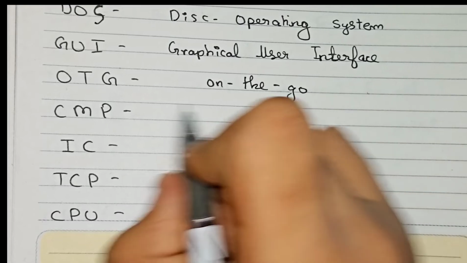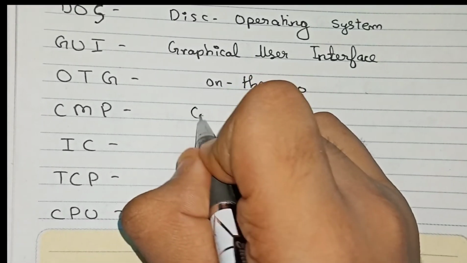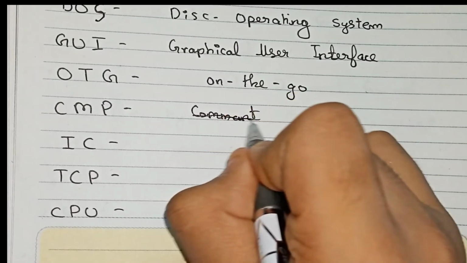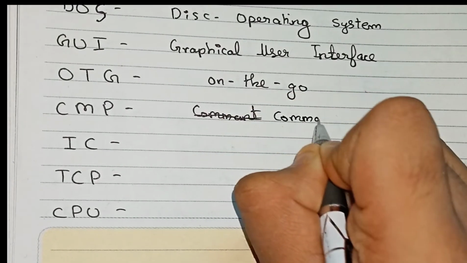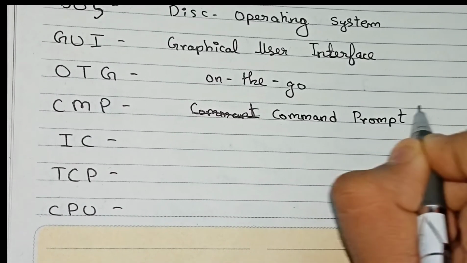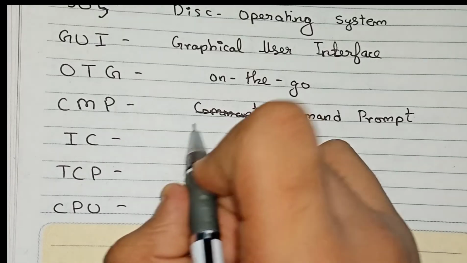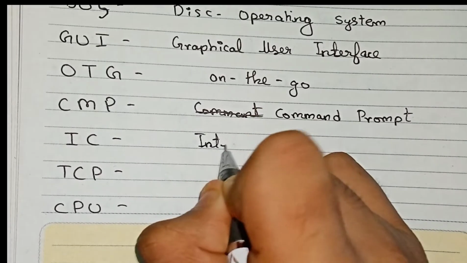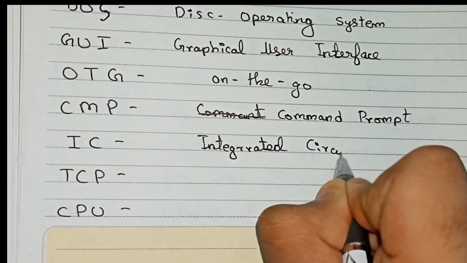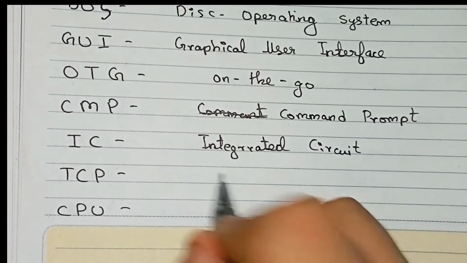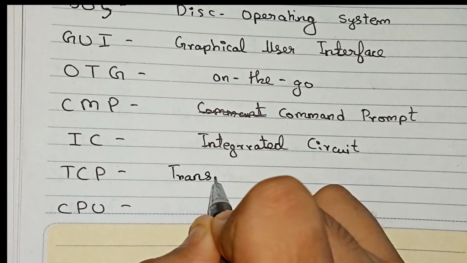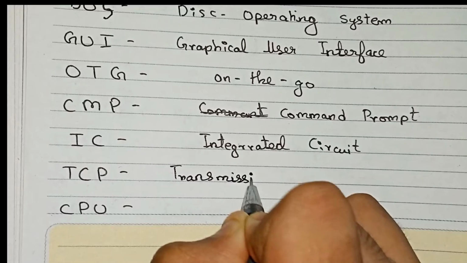Next is CMD, that is command prompt. Next is IC, that is integrated circuit. Next is TCP, that is transmission control protocol.